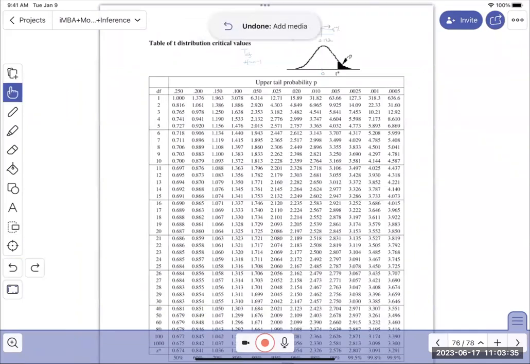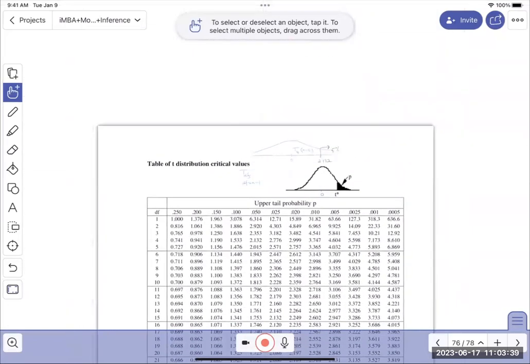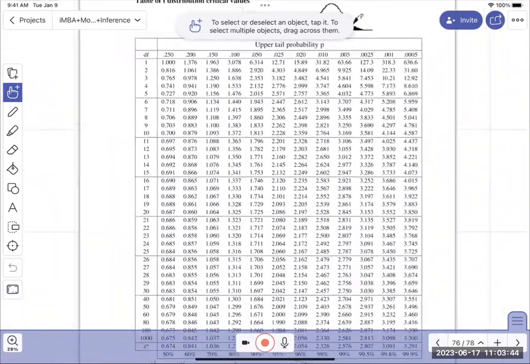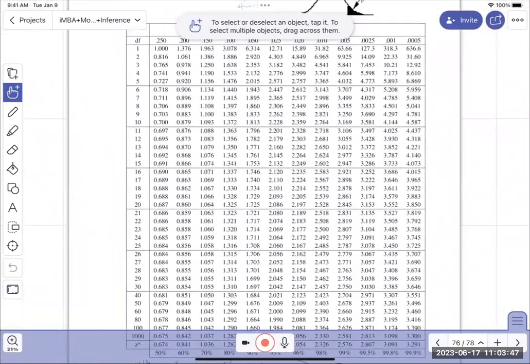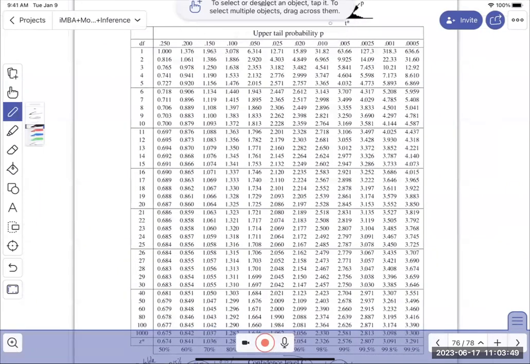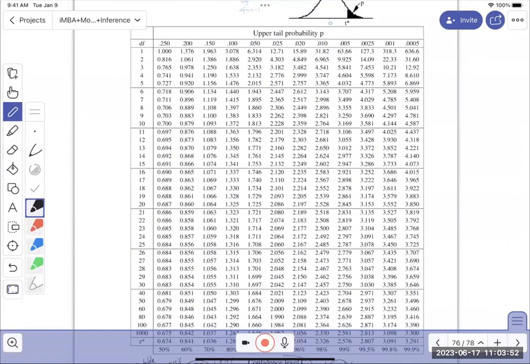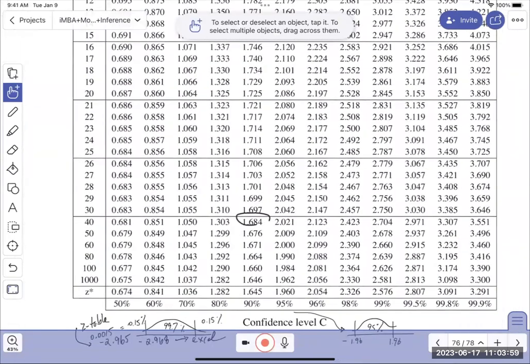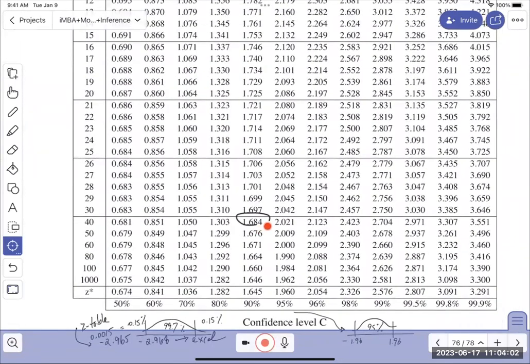So just to show you, this column here, for degrees of freedom of 40, 1.68 standard deviations from the center would put 5% in the tail.